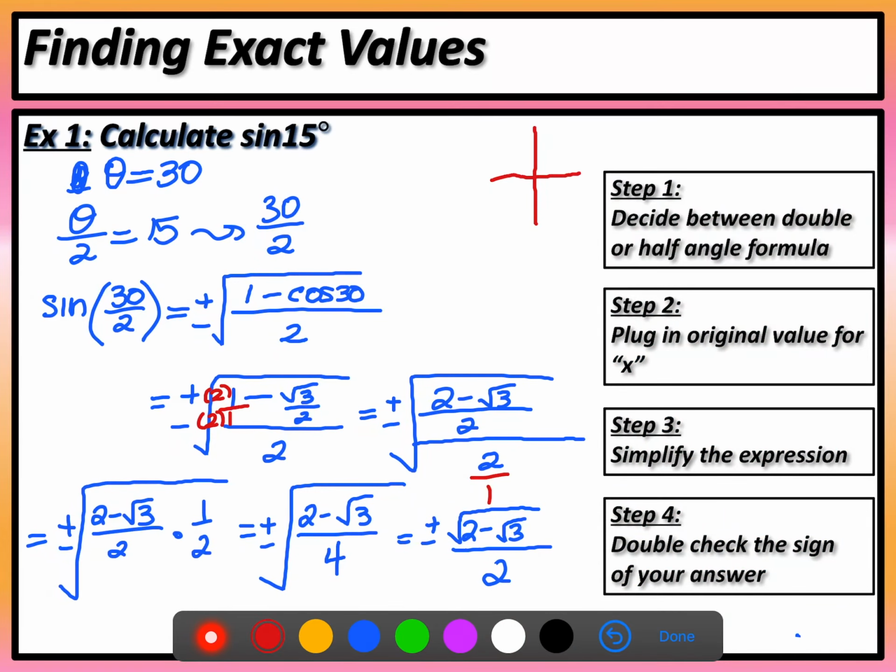That's theta over 2. That's the original. So 15 degrees is in quadrant 1. And using All Students Take Calculus, all of our trig identities are positive in quadrant 1. So we're going to take the positive of this option, and that's your exact value.